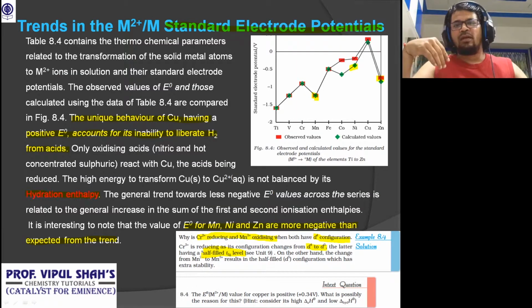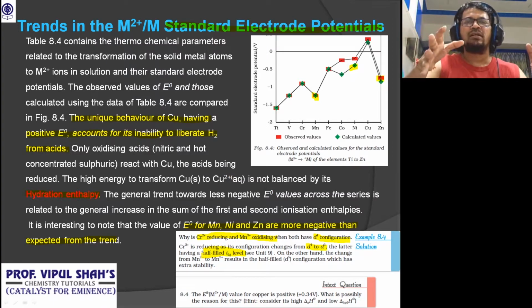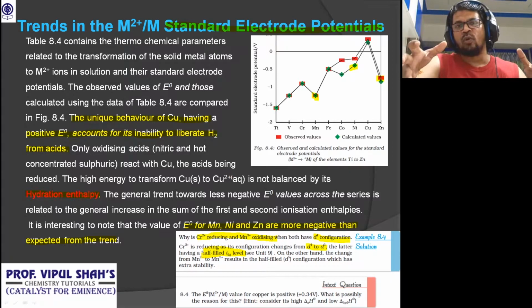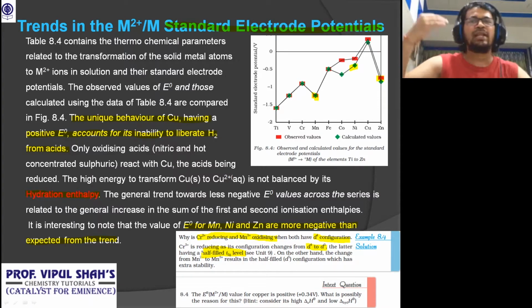Now when light falls or the ligands come in, what happens? The orbitals split into lower energy and high energy levels. This is what we call the splitting theory. We'll be doing it in coordination. When a ligand comes in, the orbitals split into lower and higher energy levels, where one energy level is called t2g, a name given, and the other is called the eg level.